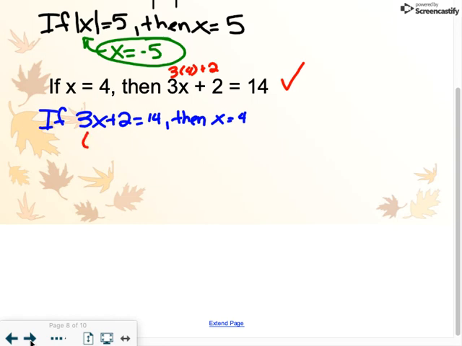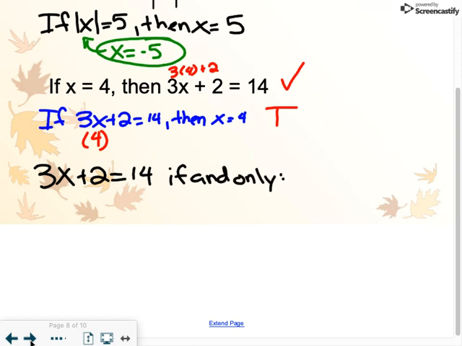Well, the only thing to make this a true statement is if we plug in the number 4. If we plug in the number 4, that is the only way this is true. So this is a true statement. So now we're going to rewrite this as a biconditional. 3x plus 2 is equal to 14 if and only if x is equal to 4.